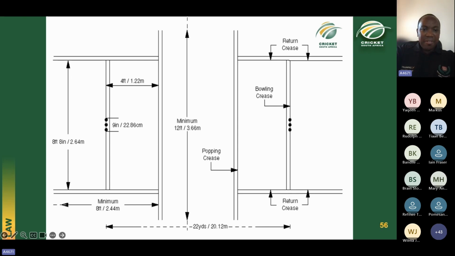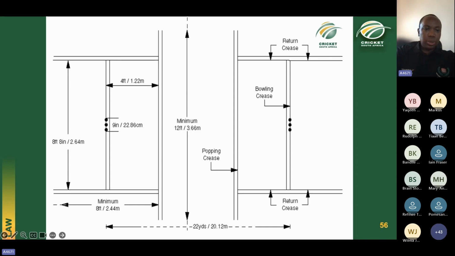And then we have the measurement of the return creases. And again, it is a minimum, this time of 2.44 meters. So from the back edge of the popping crease, running all the way potentially past where the umpire is standing behind the stumps.